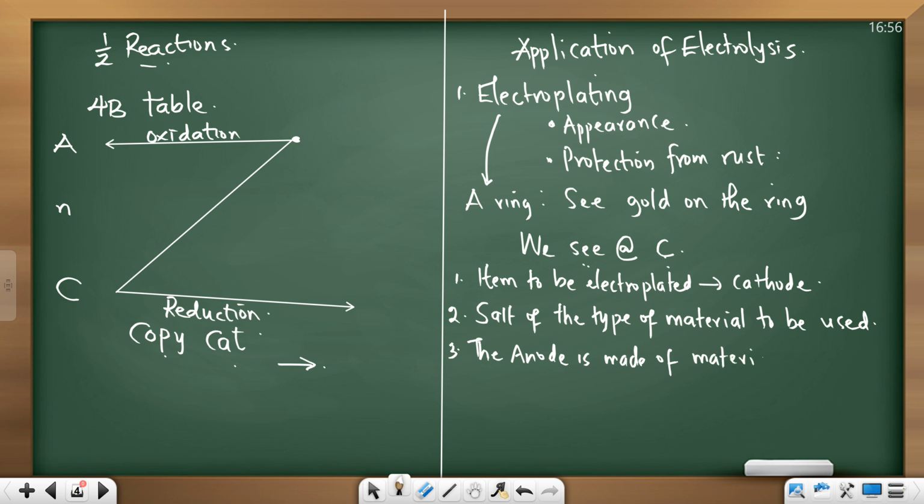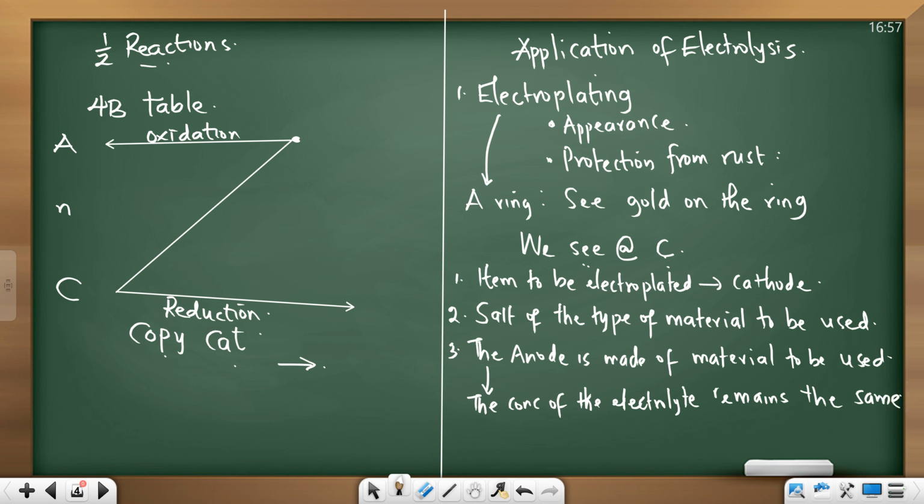And this is very important. If this happens, the concentration of the electrolyte remains the same. They're going to ask you this one. I'll explain when we get to that question. The concentration of the electrolyte remains the same, why?